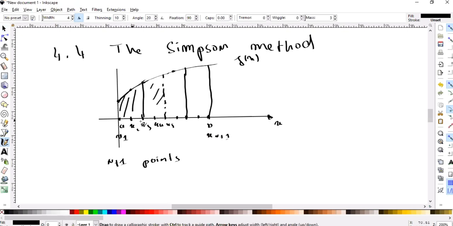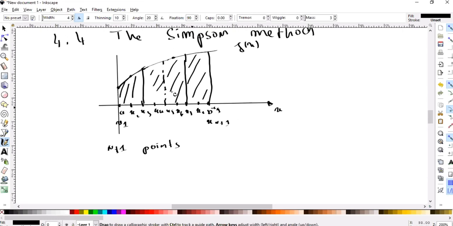As you see, you have 9 points, 8 sub-intervals, but how many Lagrange polynomials do you have? You have 4 Lagrange polynomials, constructed upon x1, x2, x3, then x3, x4, x5, then x5, x6, x7, and x7, x8, x9.